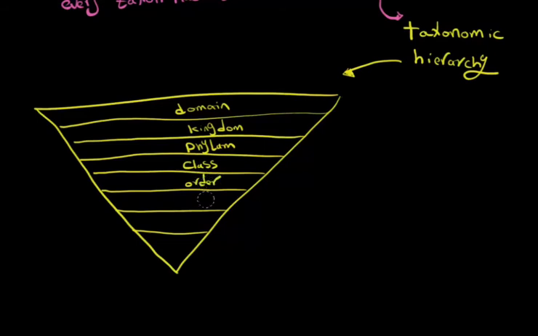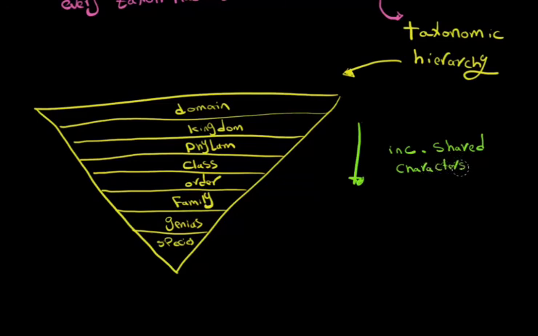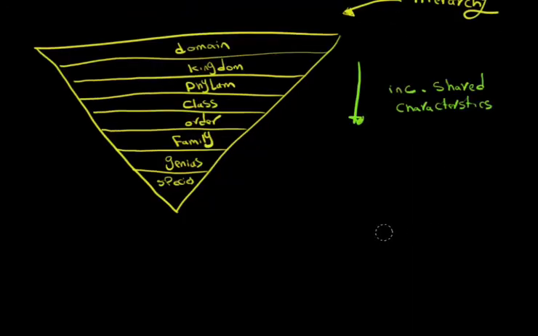Each domain is subdivided into subgroups that are a bit smaller, but not small, called kingdoms. Each kingdom is divided into smaller subgroups called phylum, then class, then order, then family, then genus, then species, etc.